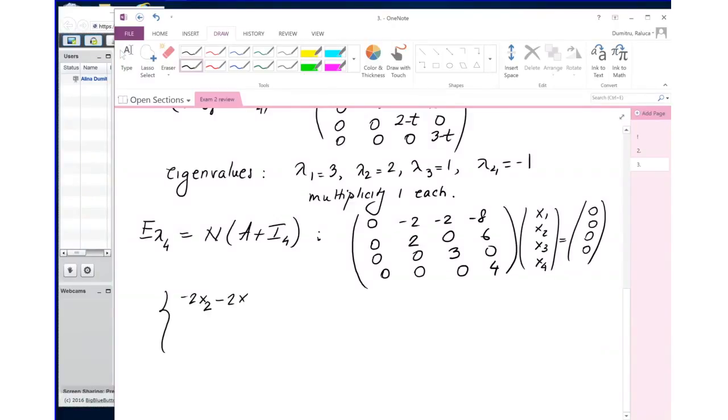Negative 2x2 minus 2x3 minus 8x4 is 0. 2x2 plus 6x4 is 0. 3x3 is 0 and 4x4 is 0.